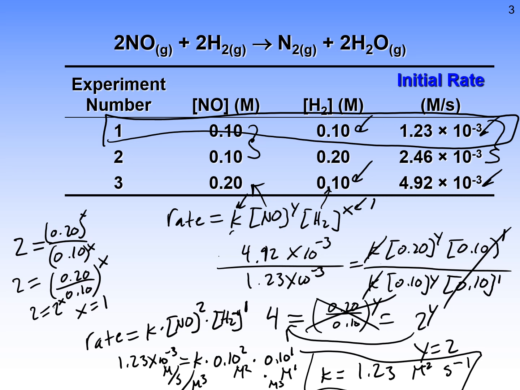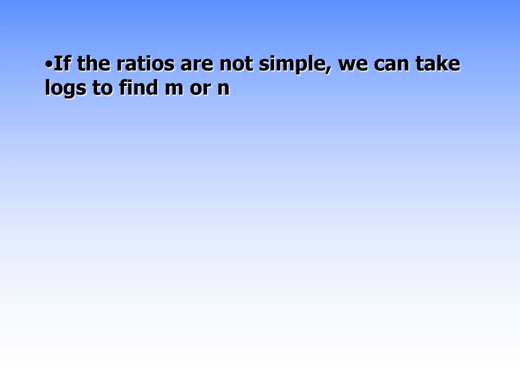All right, so let's continue for a little bit. Now, if you think about all of this, we need to talk about what if the ratios aren't simple, right? In the previous slide, we saw, hey, 2 is equal to 2 to the power of x, and 4 is equal to 2 to the power of y. Just by inspection, I would expect everybody to be able to figure out what x and y are without having to do actual math.